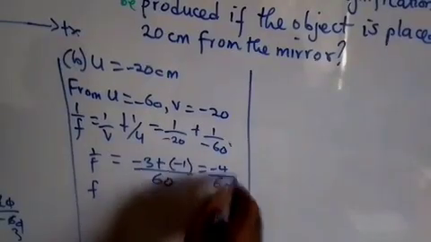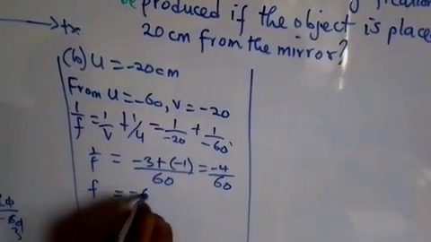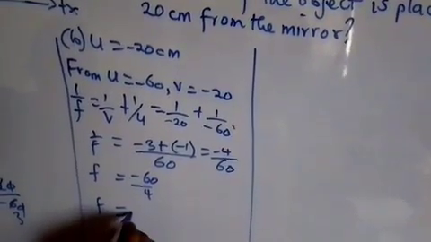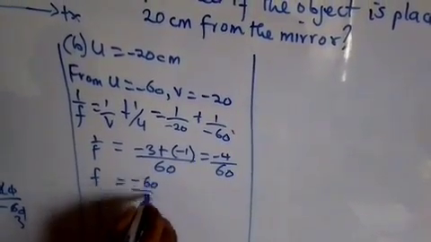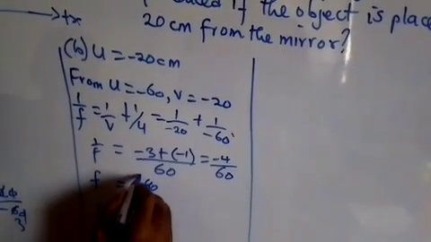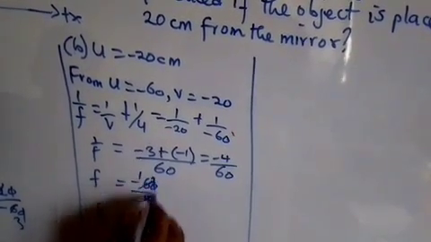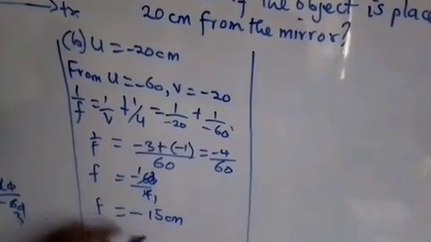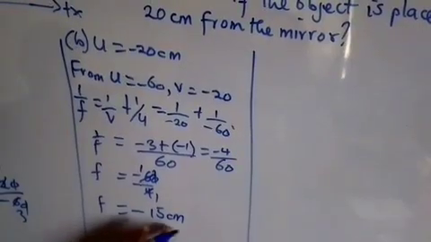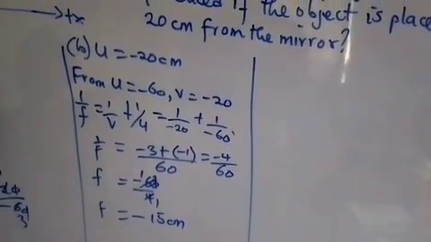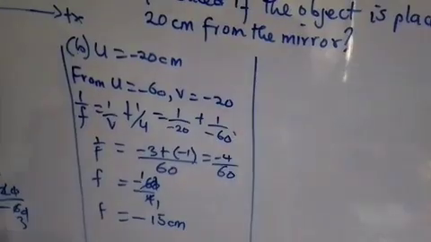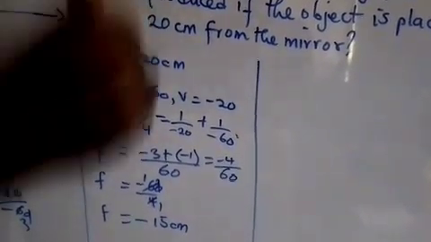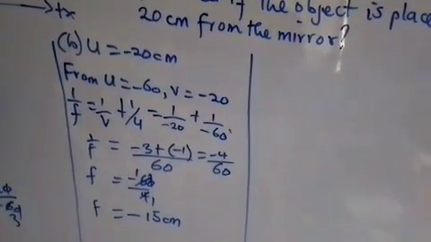So this becomes minus 60 over 4. So our focal length is minus 15 cm, minus telling us it is in front of the mirror, which is true. Now we can use this F and this U to find the new magnification.